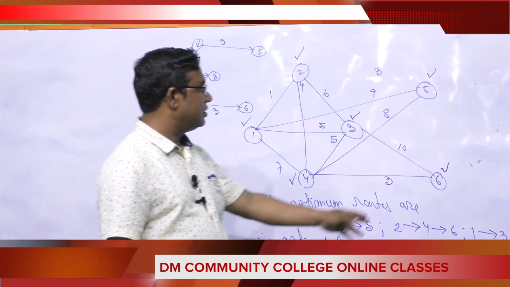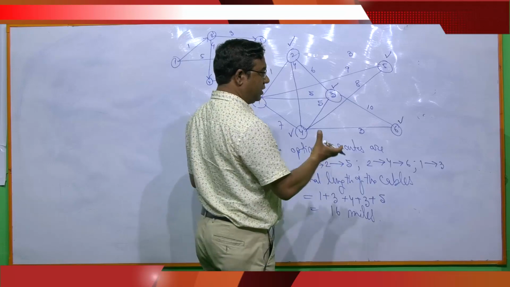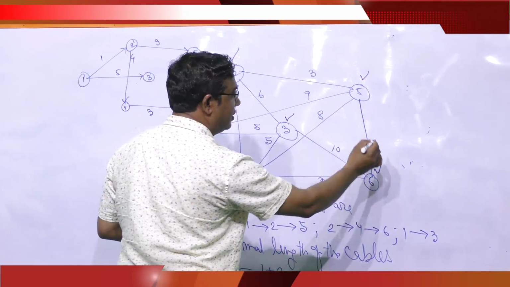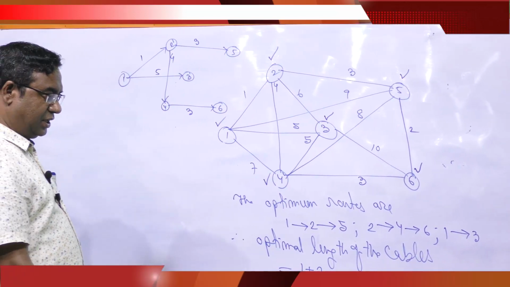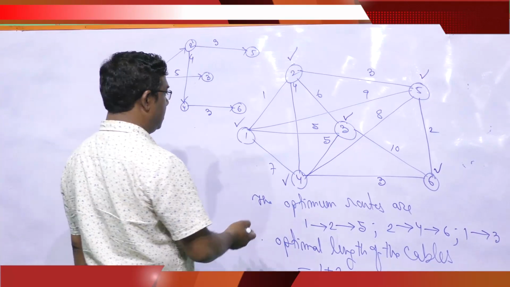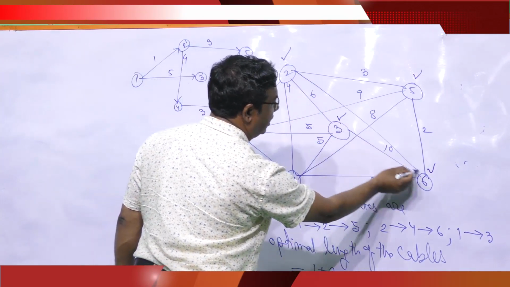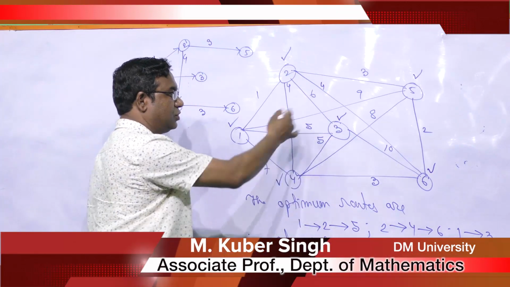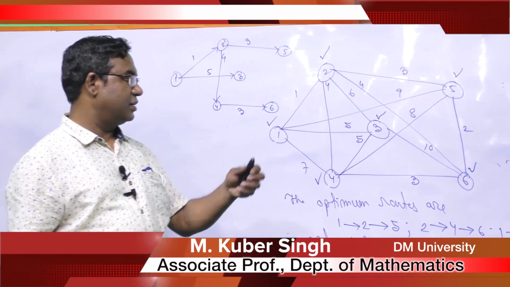So you connect this, then you write 2 here, then you solve the problem. C: nodes 6 and 2 are linked. You join it, and the length is 4. So you solve the network. So you try this problem.